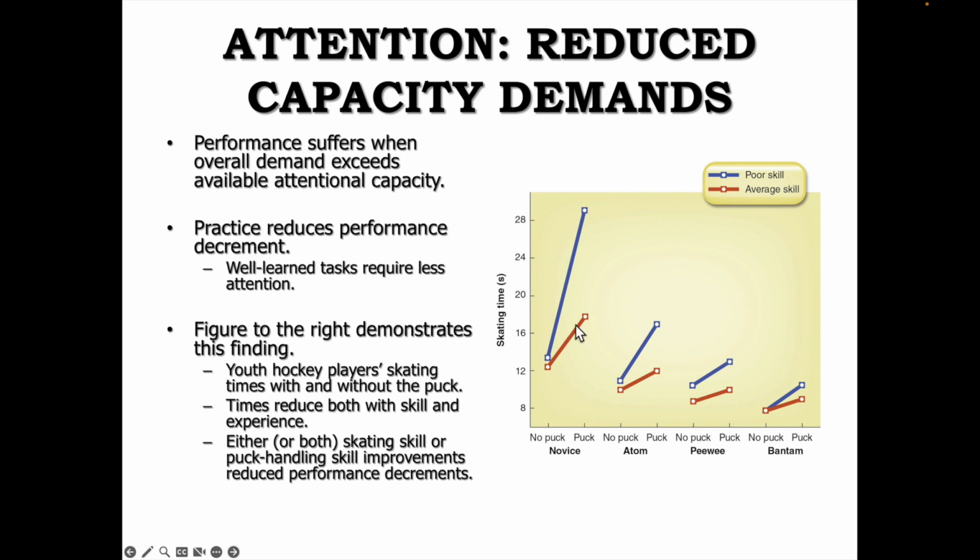So what this shows us is that the skill of handling the puck, in both groups, yes, slowed down their skating, but because those of average skill are more comfortable handling the puck, they can skate faster while handling it compared to their beginner counterparts. And that is due to the fact that they're better at handling the puck, so they don't need to spend as much attention on handling it, and they can spend more time on skating faster through the course.